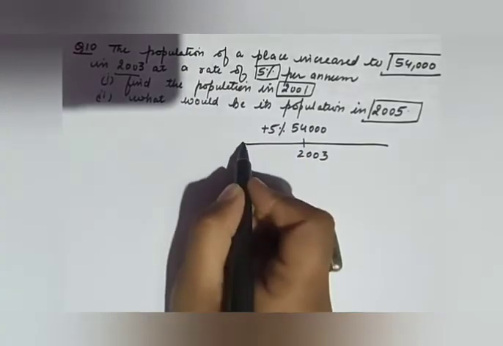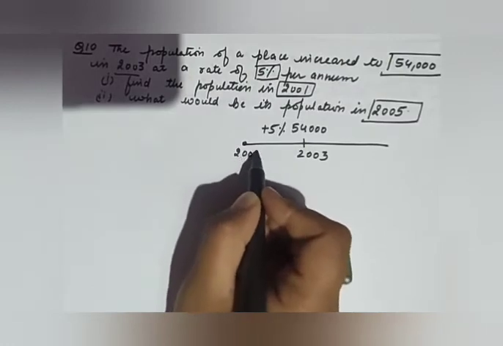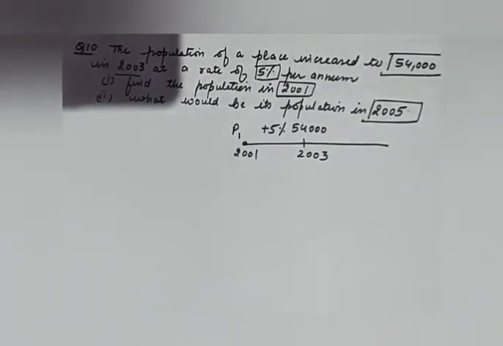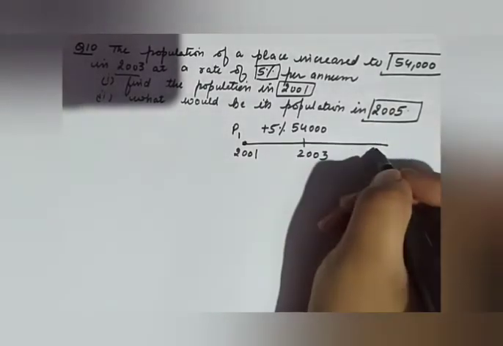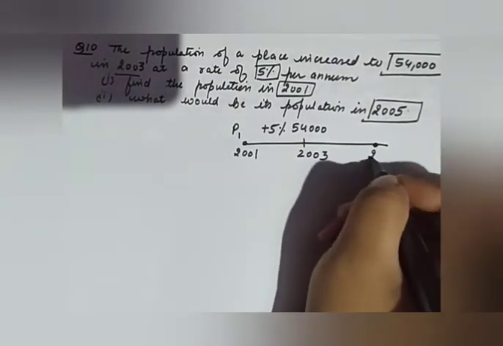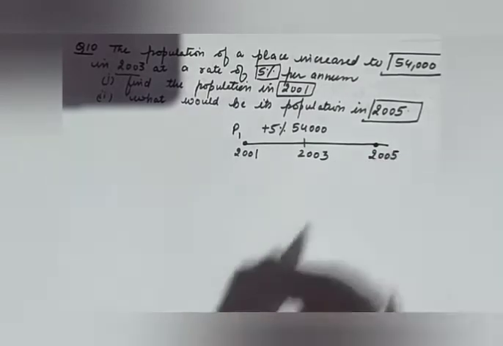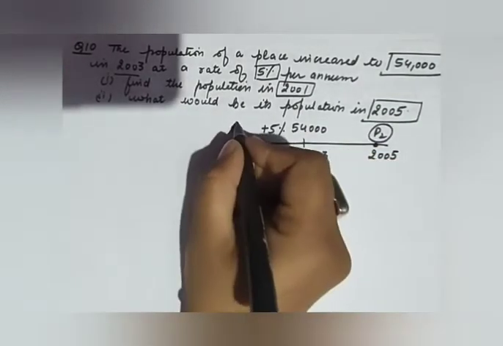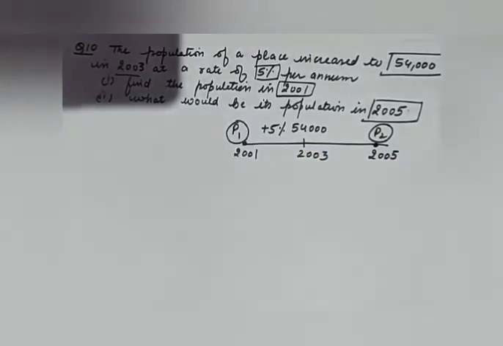So let me suppose that my population at 2001 will be P1, okay, and I'm supposing that my population at 2005 will be how much? It will be my P2. Okay students, so I'm supposing that my population at 2001 is P1 and my population at 2005 is P2.